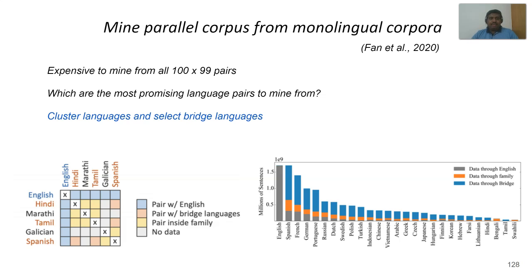Or the next method is within every cluster we select a few bridge languages, which are typically high resource languages in that cluster, and then try to mine parallel corpus between the bridge languages in different clusters. And it's likely that there is parallel corpus between such languages. For example, the UN proceedings are translated into Arabic and French, so you're likely to find parallel corpus between at least these languages.